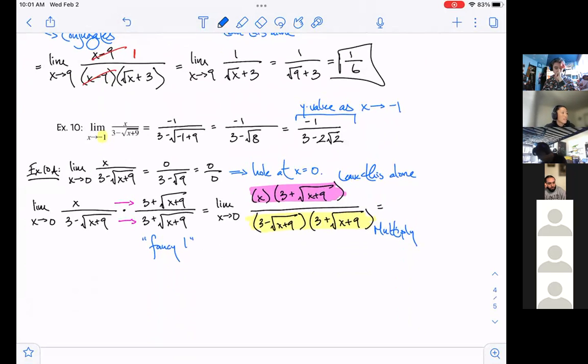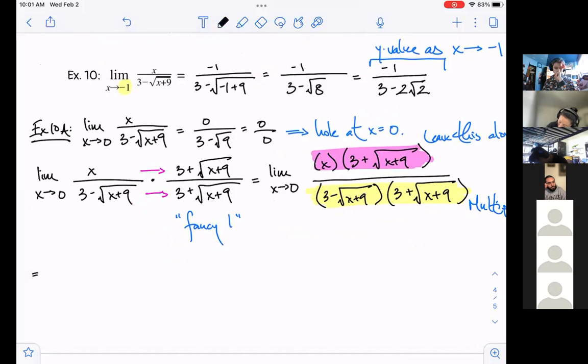All right. So we've got our product here. I didn't leave myself enough space, so let's move down to the next line. And we're going to leave that numerator the way it is. So we've got x times 3 plus square root of x plus 9 over. All right.